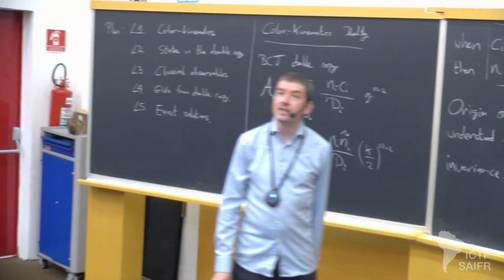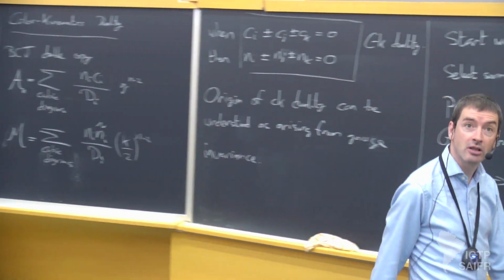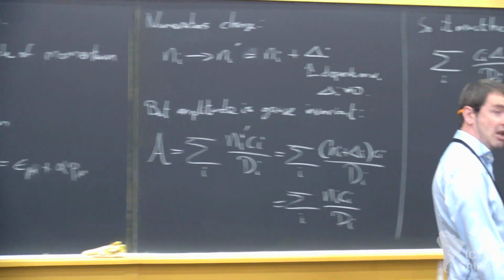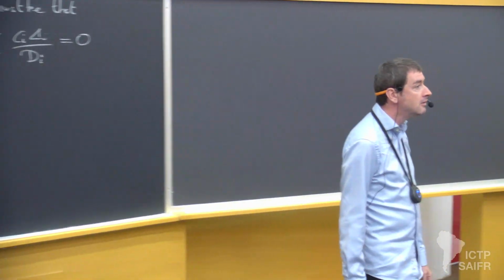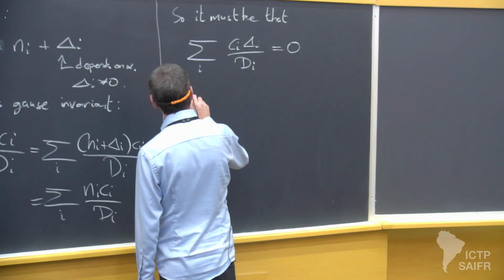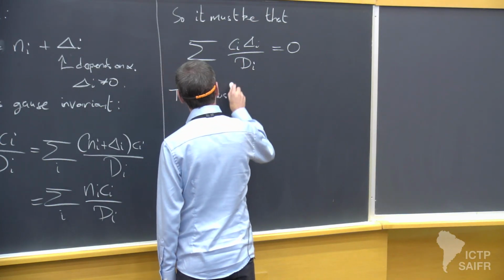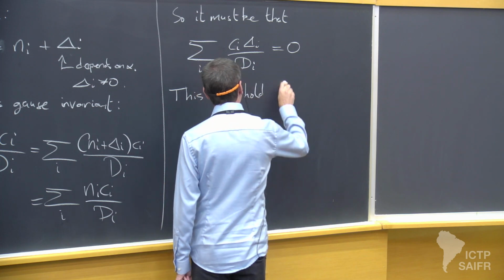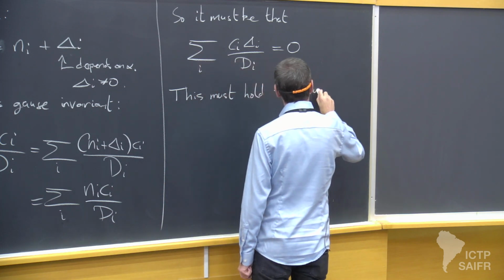So what are the properties that we're sure that color factors always have? Well, they're the properties that come from group theory. Let me write something. This must hold for any gauge group.